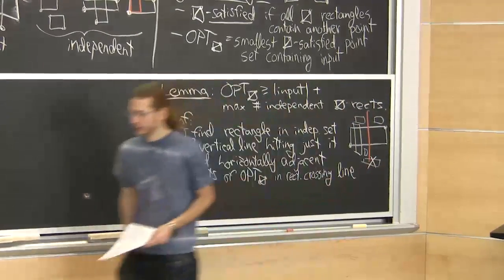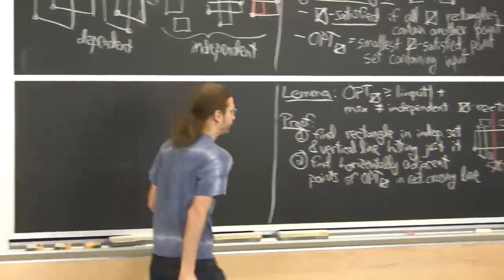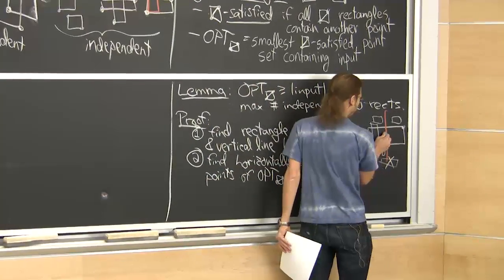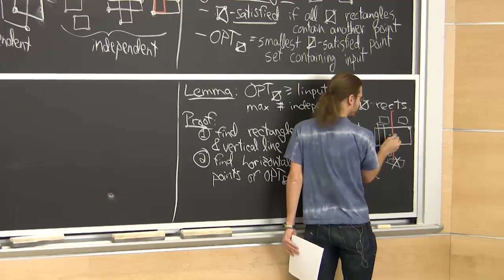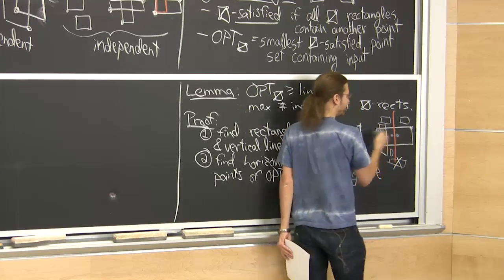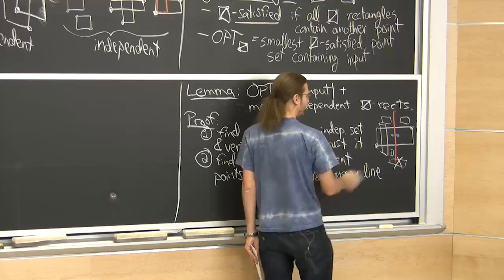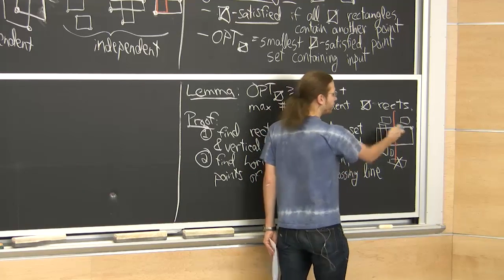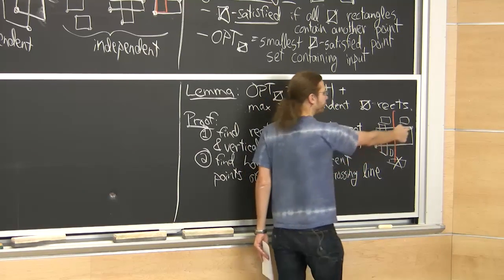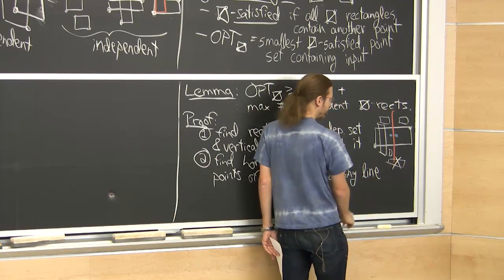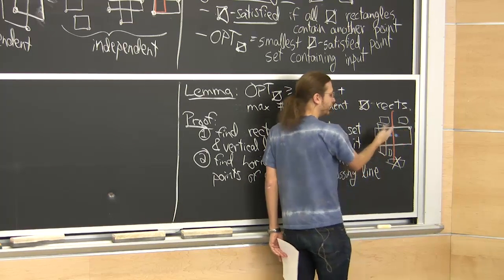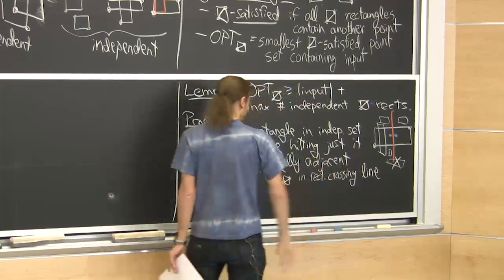Okay, let me get another color. So we're going to find a point on the left of the line and a point on the right of the line. And they're horizontally adjacent, meaning there's no other points between them. So we know there's some point in this box, and because this is a plus box, it's got to be satisfied somehow, and I claim there's actually 2 points on either side of the line. One of them could be equal to this or this, but not both, obviously, because they're horizontally aligned.